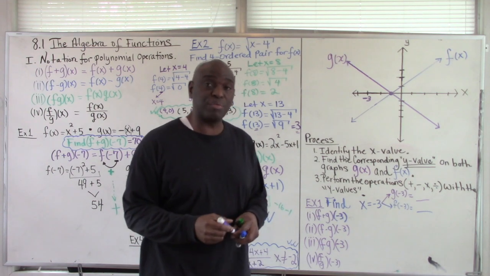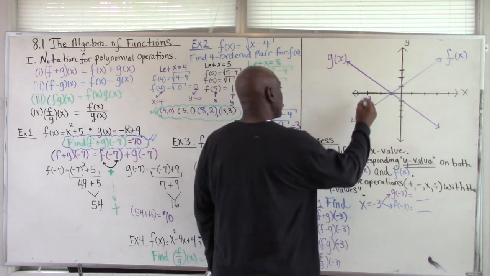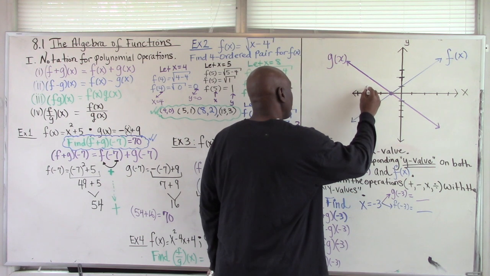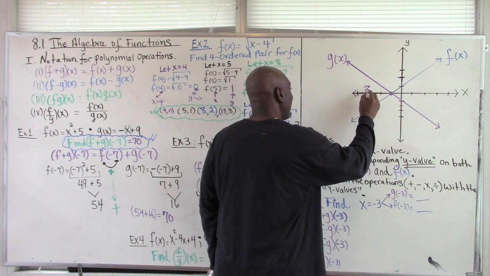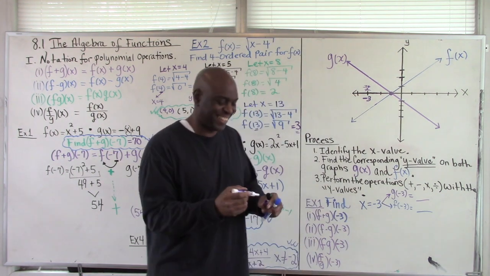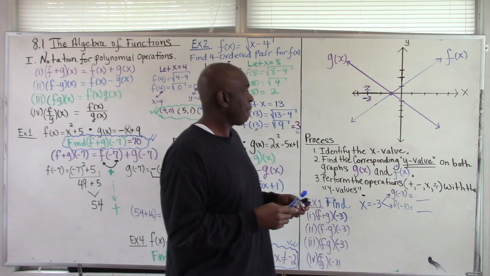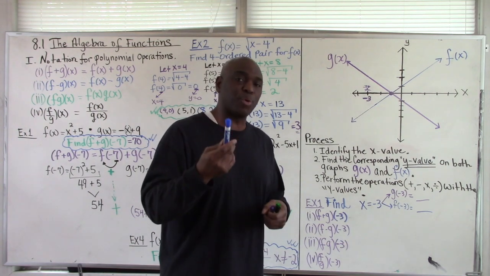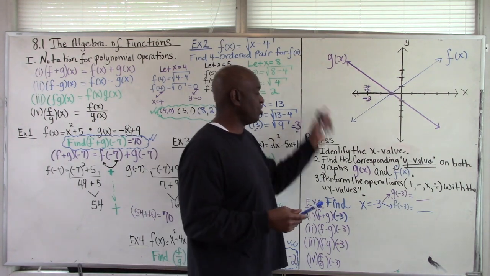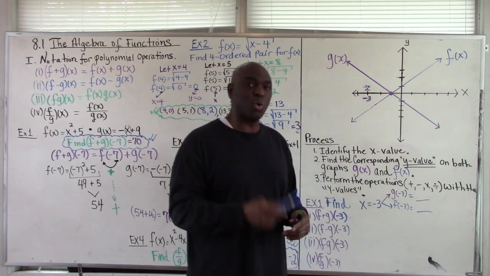So draw a picture of you on -3. Here you are, and you are standing on -3. Yay! All right, from -3, you have to go up to the purple graph. Now the purple is g, so I'm going to do this one right now. Go up to the purple.